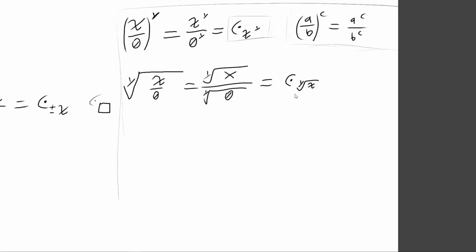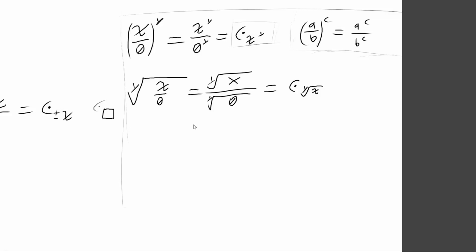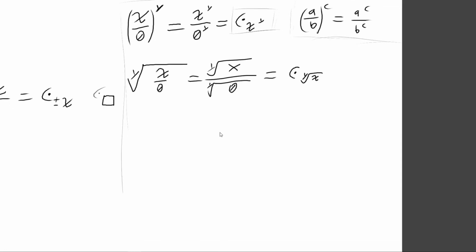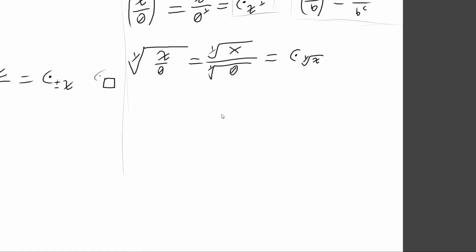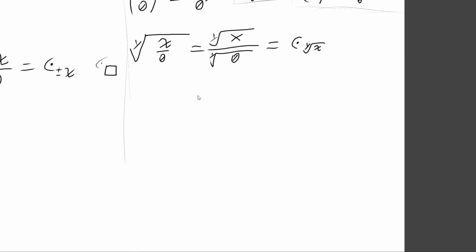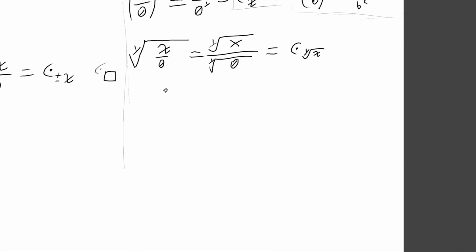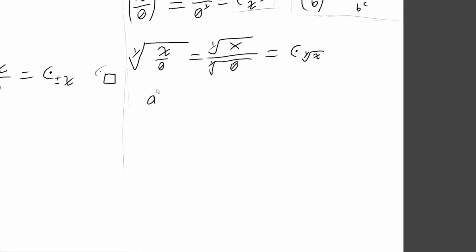Okay, so with that done, we get to move on to the next number, which is as follows. We'll do the property first. a to the b over c equals the cth root of a to the b, with a to the b inside.